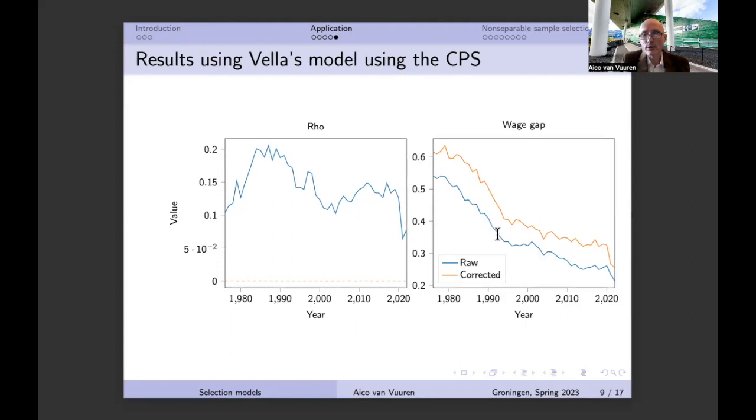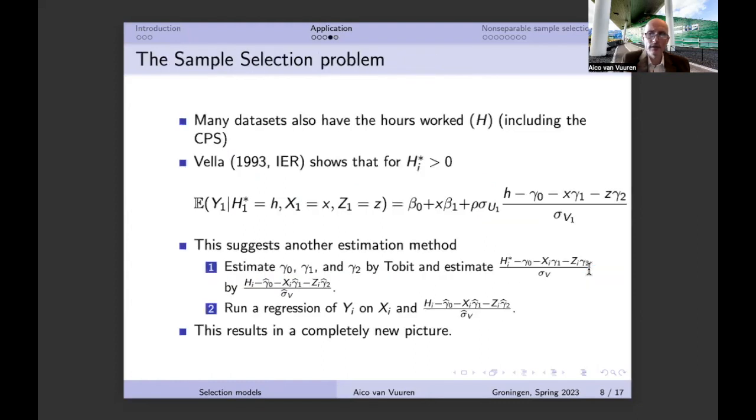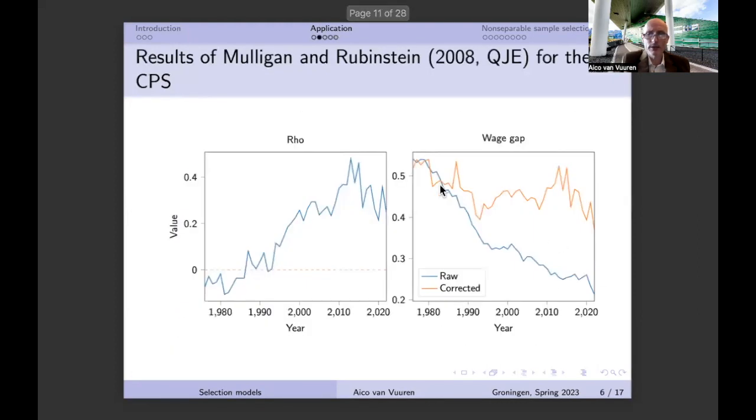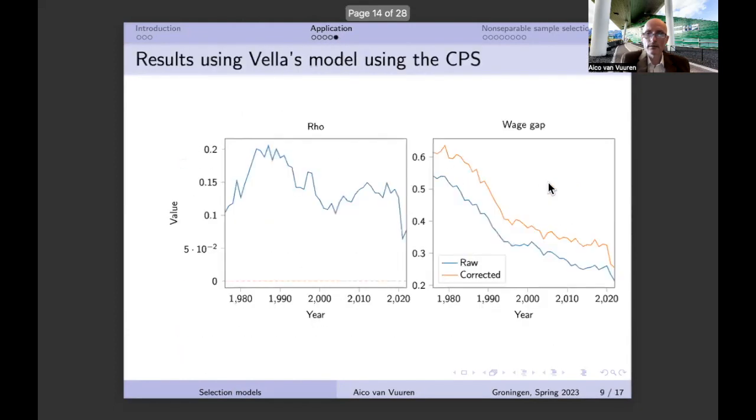We still see that happening when we do not correct for sample selection, but we should take into account that when we corrected for sample selection, that was no longer the case. In this particular way, we see a completely different situation.